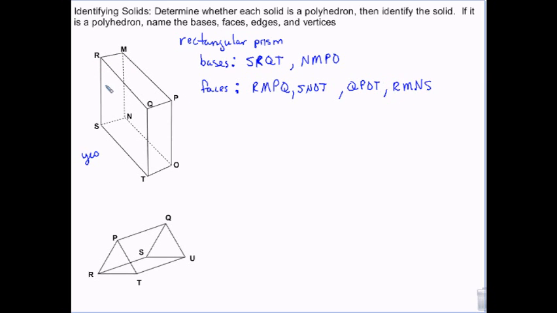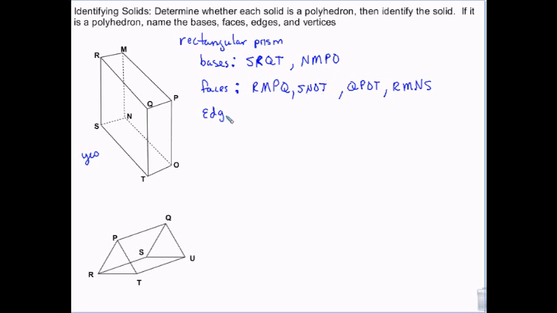Now it doesn't matter what letter you start with, and it doesn't matter if you go around to the left or around to the right. Just pick a corner and then go around the shape. You just can't go out of order once you pick one. You have to go around the edges. Okay, so those are the faces and the bases.